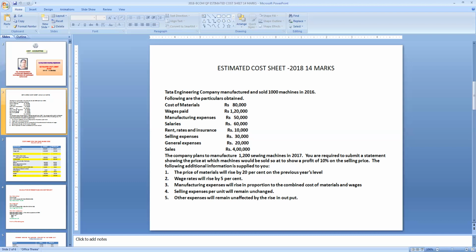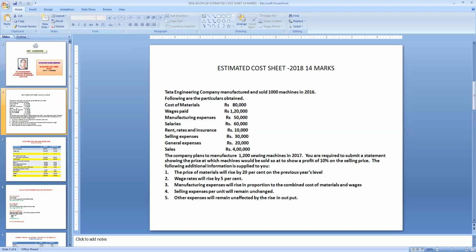Manufacturing expenses are factory overheads; salaries, rents, rates, insurance, and general expenses are administration overheads. Selling expenses are selling and distribution overheads. Since the sales value is given, you need to calculate the profit, both in terms of unit as well as value.